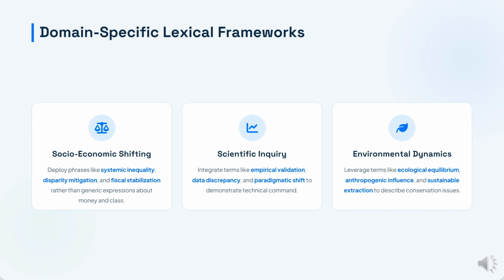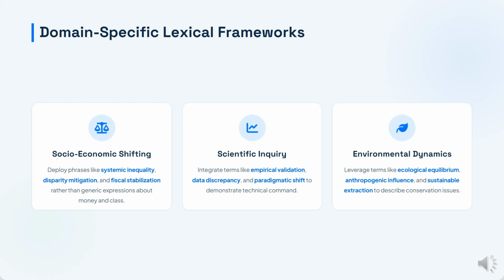Then there is environmental dynamics. There is ecological equilibrium, anthropogenic influence, sustainable extraction to describe conservation issues. These types of words could be utilized in describing global warming or words related to environmental factors.